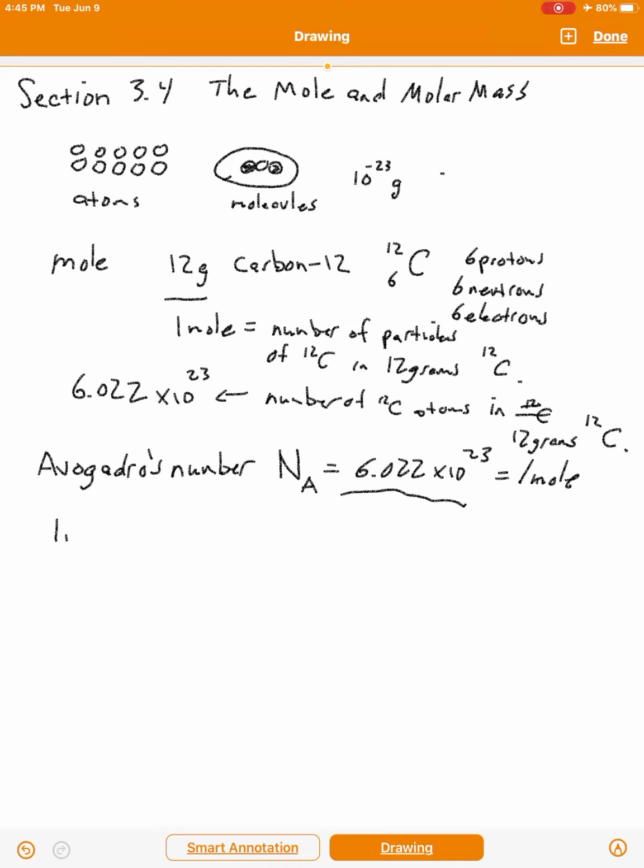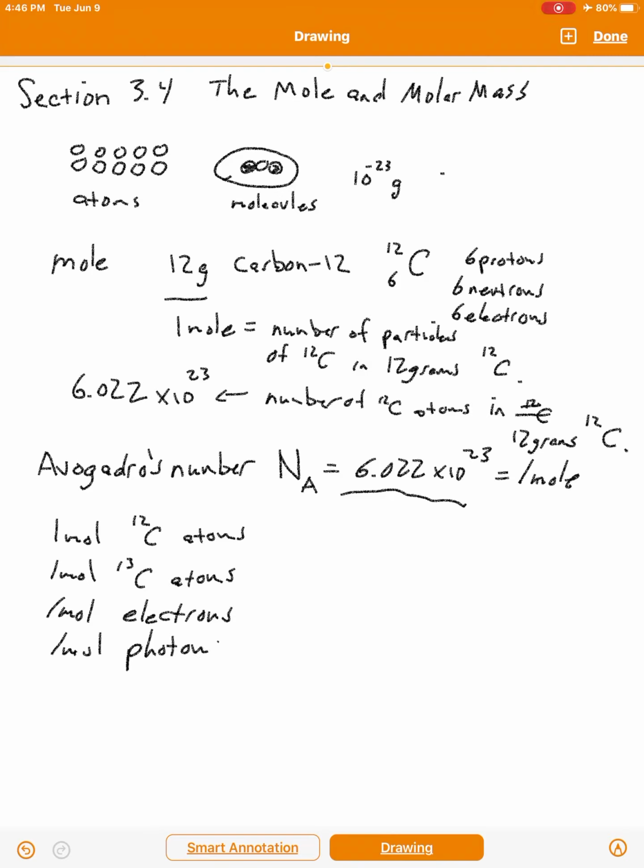You can have a mole of carbon 12 atoms. You can have a mole of carbon 13 atoms. You can have a mole of electrons. You can have a mole of what are called photons. We'll talk about that in chapter 6. Doesn't matter what the type of particle is. It's just saying there's some number, Avogadro's number, and we're going to define that as a mole of whatever it is.